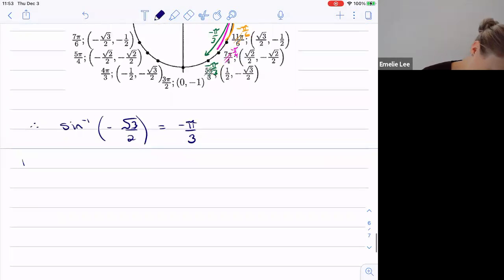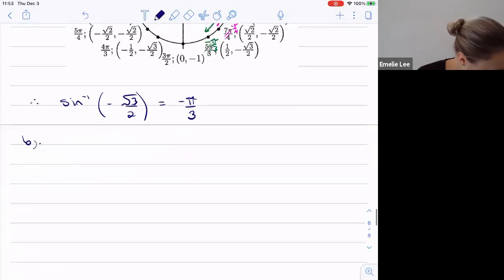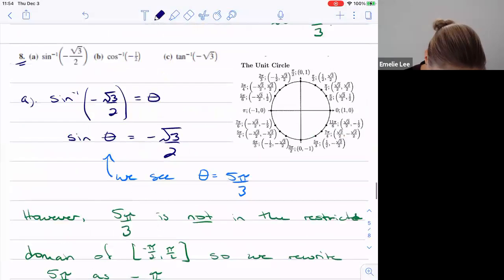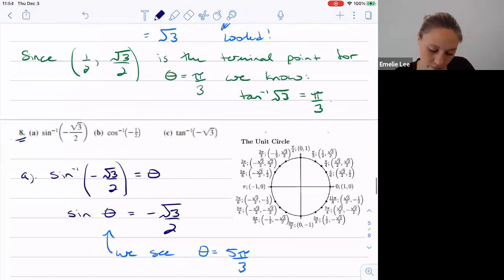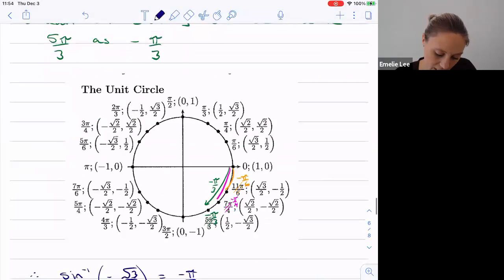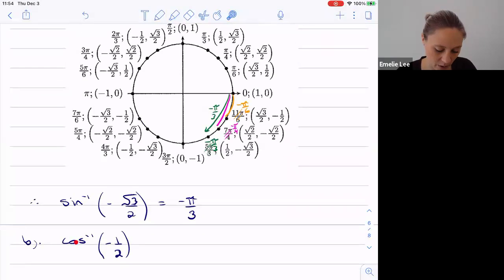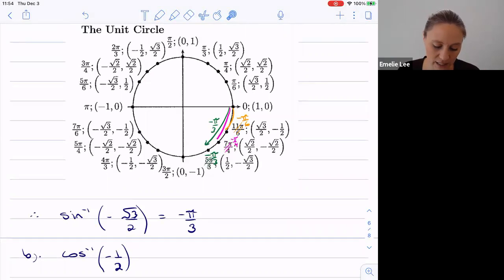Let's do the same thing for B. B is the cos inverse of -1/2. So now I need an x value, but remember cos is restricted to this top half, right? And so now I need an x value that's -1/2.